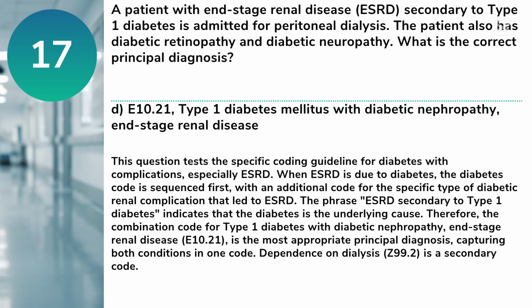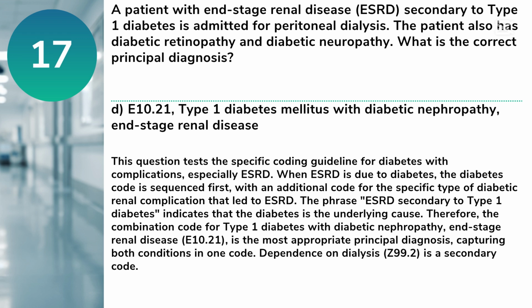Answer: D. E10.21, type 1 diabetes mellitus with diabetic nephropathy, end-stage renal disease. This question tests the specific coding guideline for diabetes with complications, especially ESRD. When ESRD is due to diabetes, the diabetes code is sequenced first, with an additional code for the specific type of diabetic renal complication that led to ESRD.